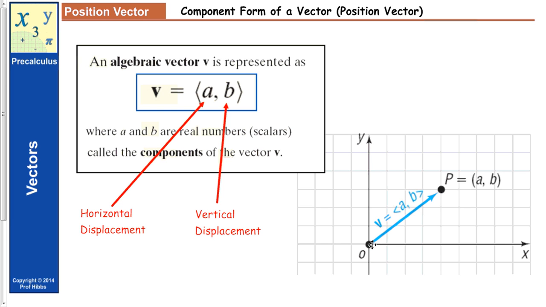So initial to terminal, horizontal displacement, vertical displacement, and that's an easier way to think about these and deal with them later on. Now, this is where we're going to start in the next discussion, and that is dealing a lot more with the component form of vectors and how we add and subtract those.